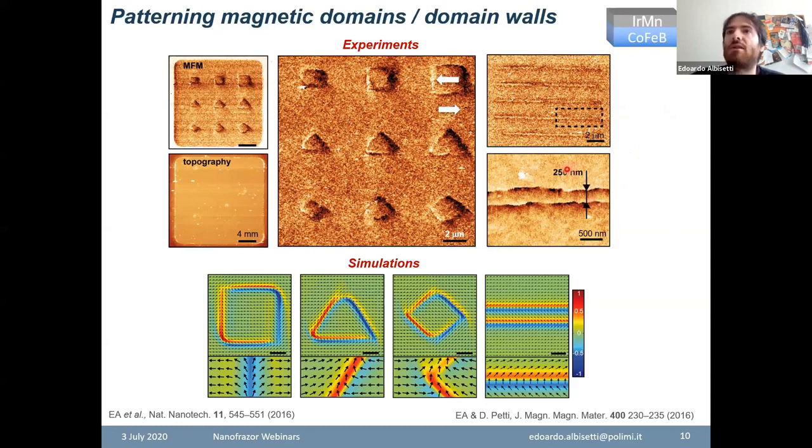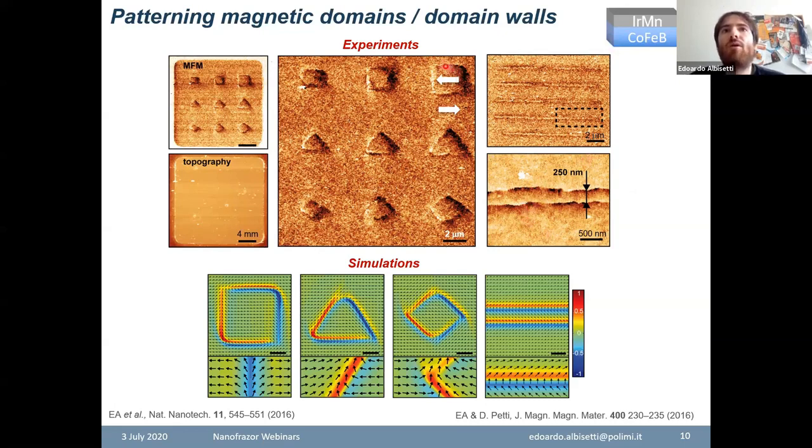It's worth noticing this is not the resolution of the heat profile. This is the resolution given by the magnetic properties of the materials, which are limited by the width of the domain walls, the regions that separate two different domains. So the thermal profile can be much narrower, but the magnetic domains cannot be that much narrower because of the magnetic properties of the ferromagnetic layer.